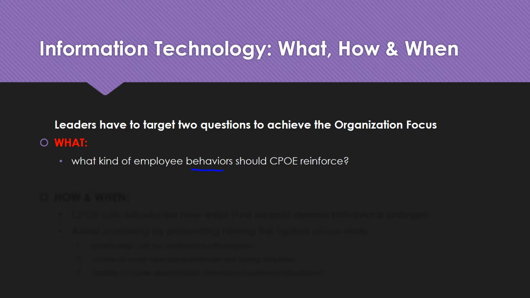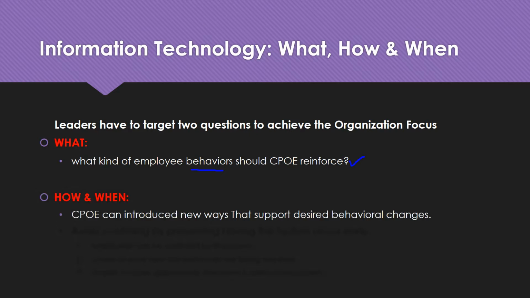So this is the question of what kind of employee behavior should this system, CPOE, reinforce? How and when? So how can CPOE introduce new ways that support desired behavior changes by supporting decision making, having a quality check system that can avoid any duplication and so on.